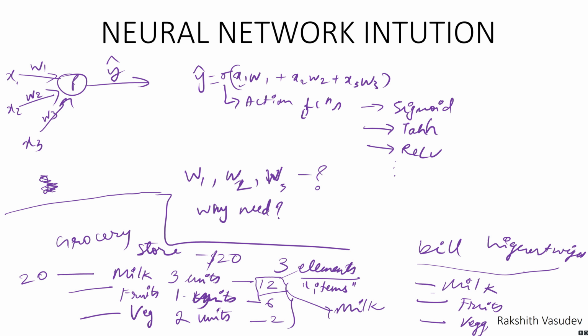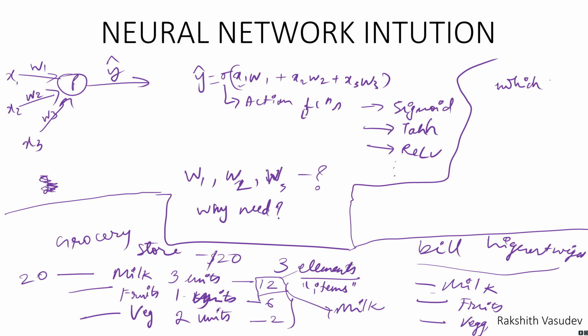So if we were to reverse engineer this concept to neural networks, what we are trying to do with weights is as simple as this. We are trying to check which input has the most weightage. Why do we need a weight matrix?